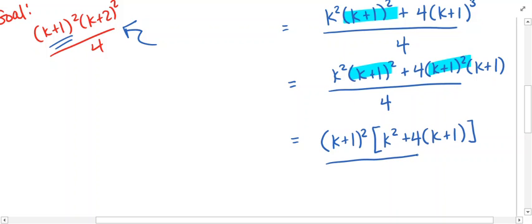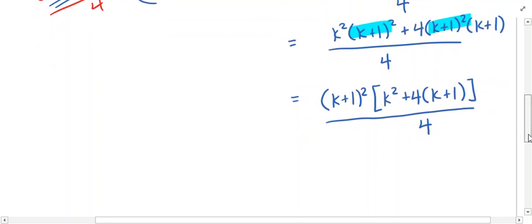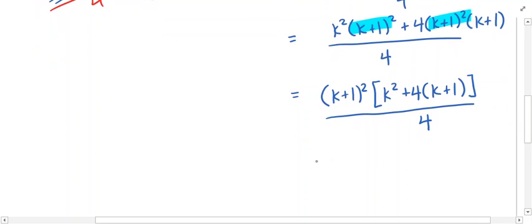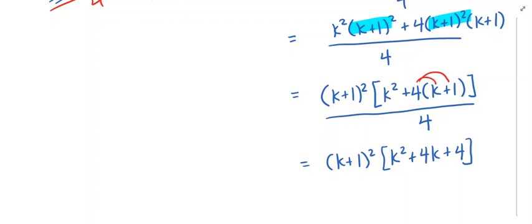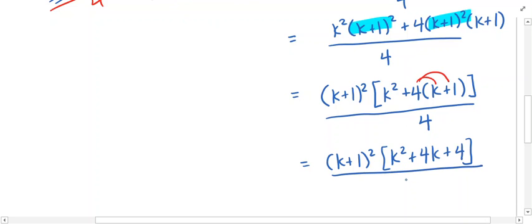The bottom is still 4. I'm going to simplify what is in the brackets here. This is going to be (k plus 1) squared times (k squared plus 4k plus 4) if I distribute the 4. The bottom is still 4.